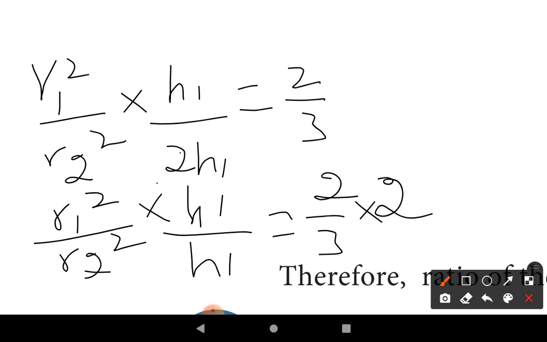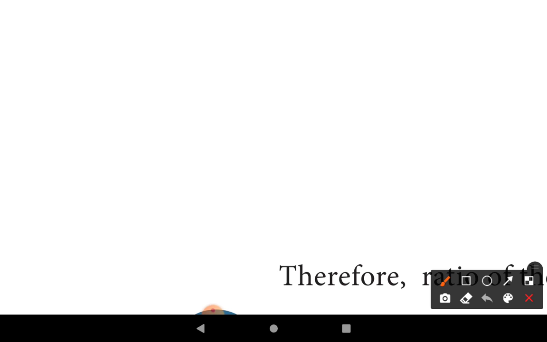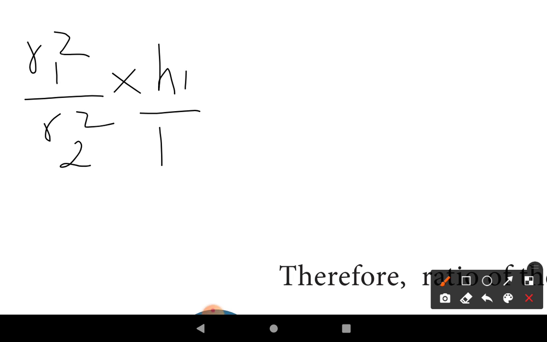I hope you have noted down this step. We'll move on to the next step. So r1 square by r2 square into h1 divided by h1 is equal to, so it was 2 into 2, right? So 4 by 3, got it?